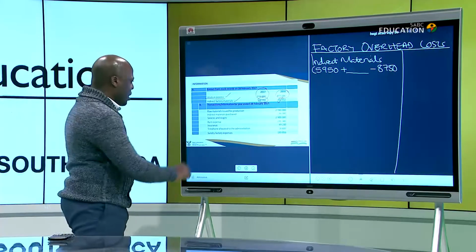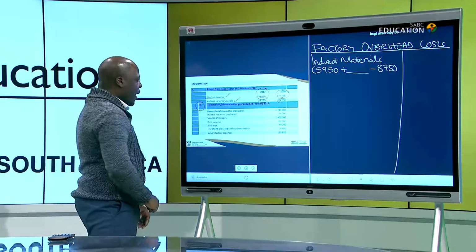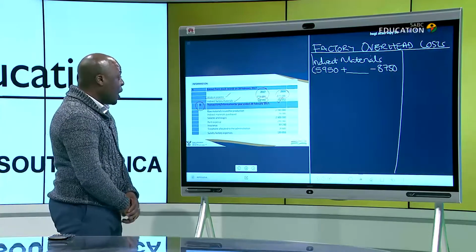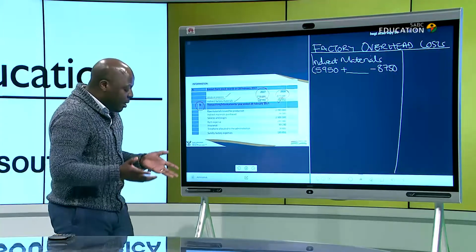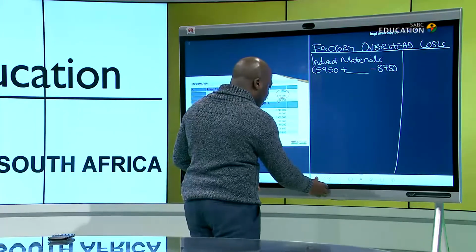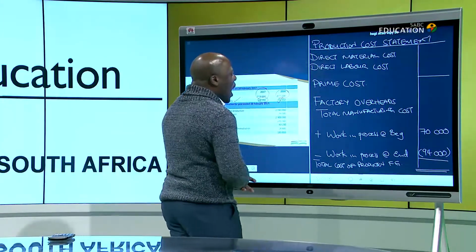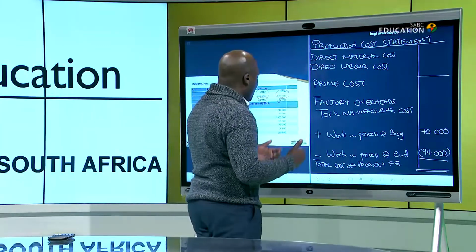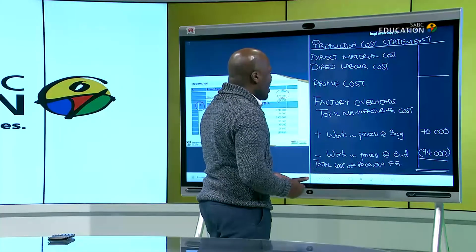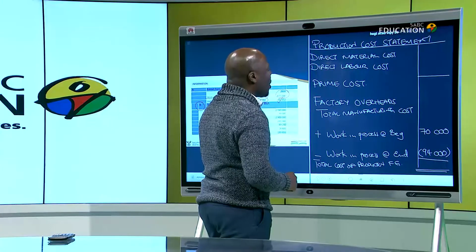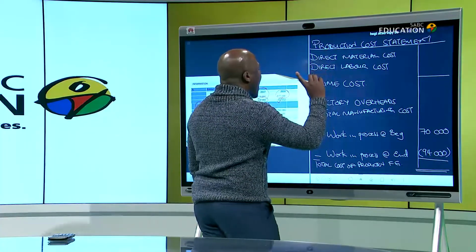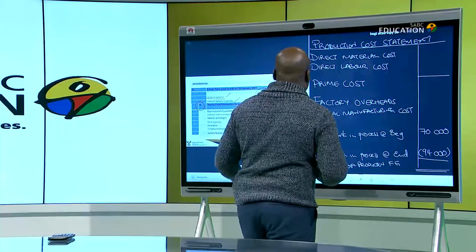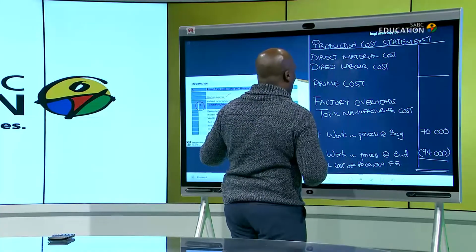Let's go to information B. Information B now says, raw materials issued for production. This becomes very easy for me because I know if raw materials have been issued for production, they go to the production cost statement. Where do I look for them? Under my direct cost, direct material cost.